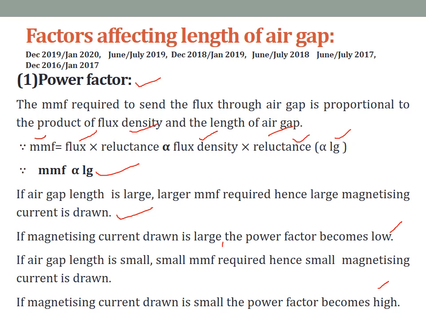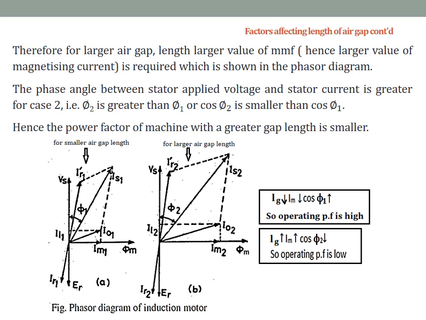So what we conclude, with the vector diagram also we'll see. See, this is the vector diagram. This is for smaller air gap length. So for smaller air gap length, a small value of magnetizing current is drawn.